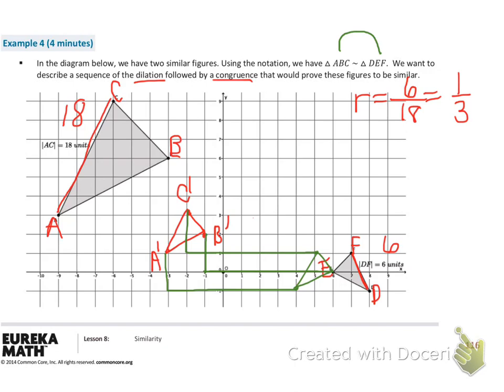I could just reflect it on this line here, I could reflect it across this line, probably. But I want to be able to define the line in terms of the figure. And so I can do a rotation.